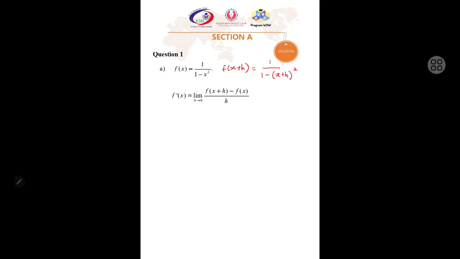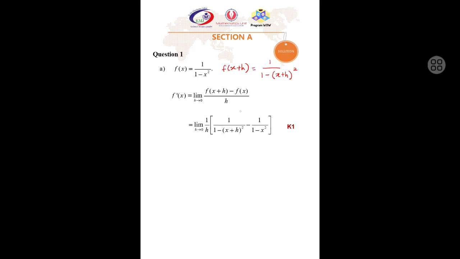After that we just substitute these two functions into this formula, and if you notice here, we factor out 1 over h, and then substitute f(x plus h) minus f(x). So this is your first mark, K1. Next you need to cross multiply this fraction.